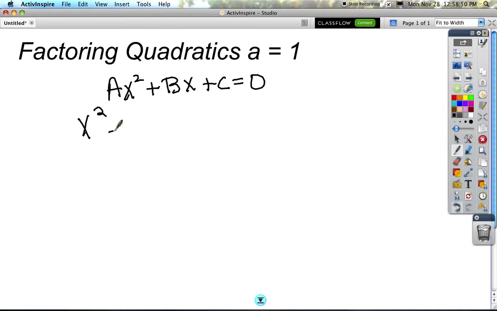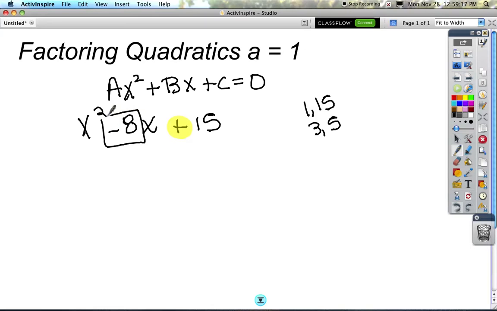So let's look at this one. All right, I'm listing all my pairs that multiply to get 15. What are they? 1 and 15, 3 and 5. What am I going to do to that pair? Add, because we're working backwards. That's based off of this right here. I'm adding to get what? Negative 8.